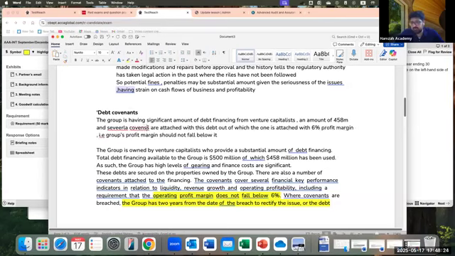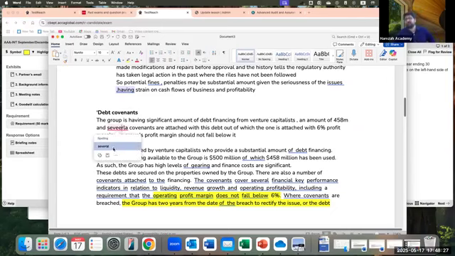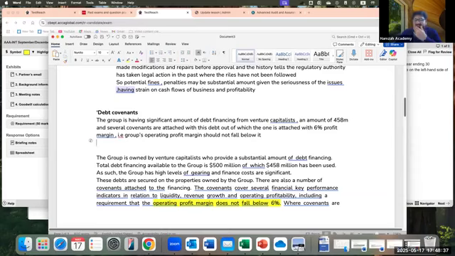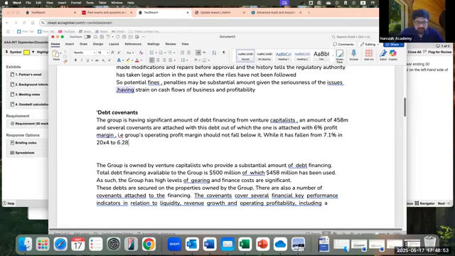My typing errors, I'm sorry. Yes. Below it, operating profit margin. Now, it has fallen from 7.1% in 2024 to 6.28% this year, which is very close to 6%.